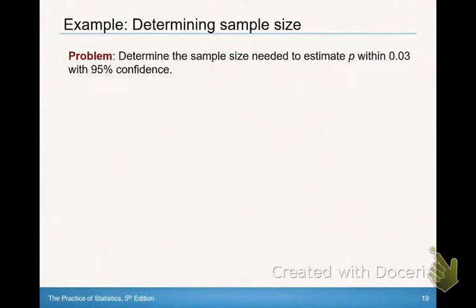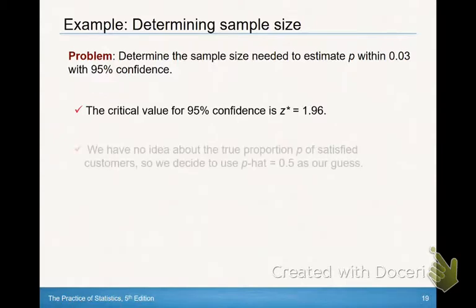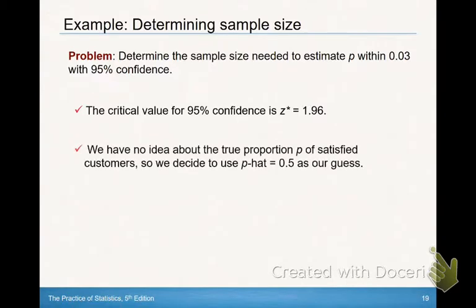Okay, so we're supposed to determine the sample size needed to estimate P within 0.03 with a 95% confidence. So since we have a 95% confidence interval, the critical value is going to be 1.96. We have no idea about the true proportion of satisfied customers, so we'll use P hat as 0.5 for our guess.